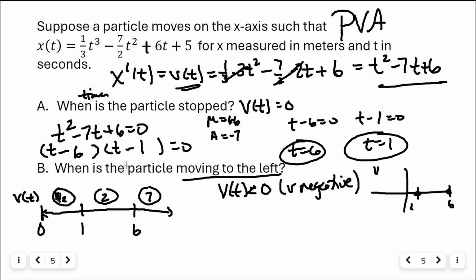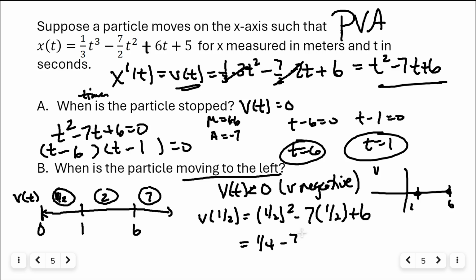And I'm going to plug them into v. So here's my velocity equation. All I care about is whether the answer is positive or negative. I'm looking for the negative answers. So let's start with the 1/2. v of a half would be 1/2 squared minus 7 times a half plus 6. So that's 1/4 minus 7 over 2 plus 6.